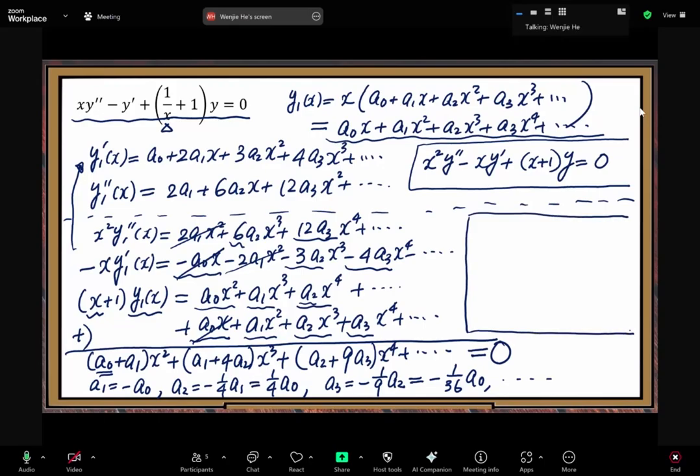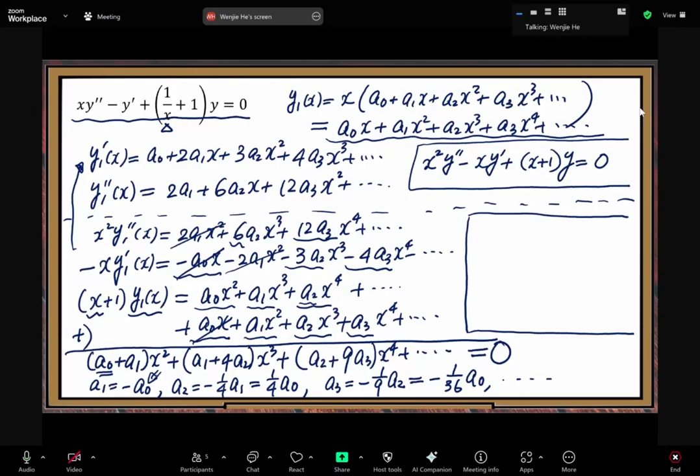When we write the y1 solution, we can use any parameter a0, right? a0 we treat it as a constant. So any constant we can use in our y1. But when we write y1, can we just make a0 equal to 1?